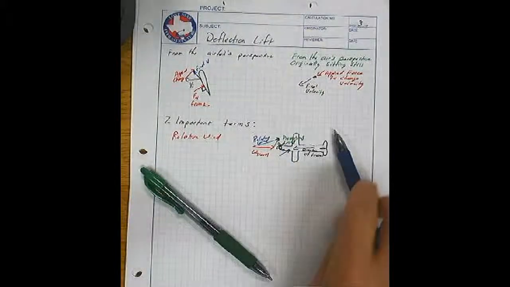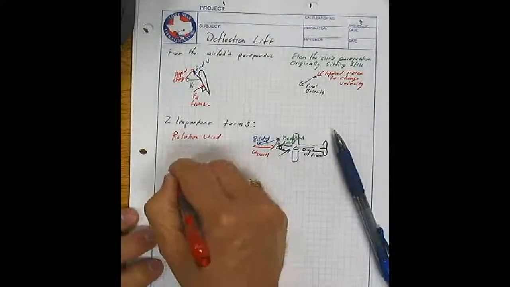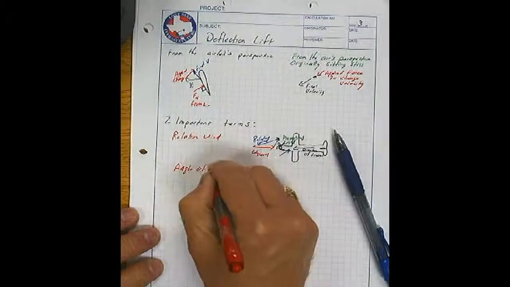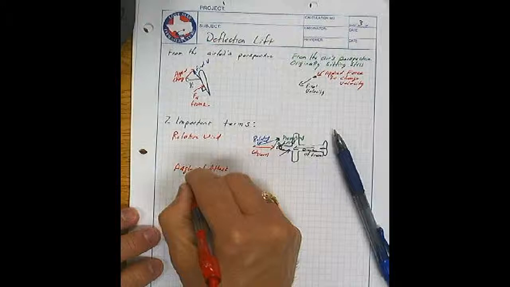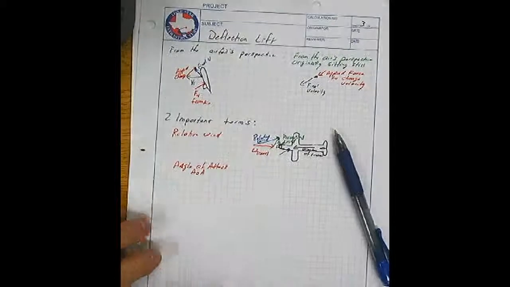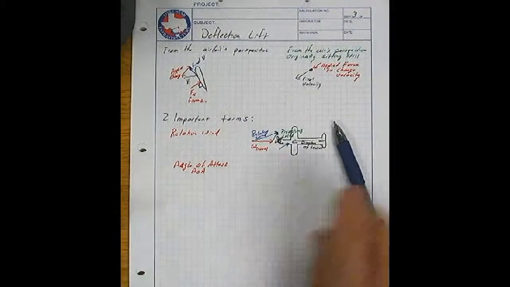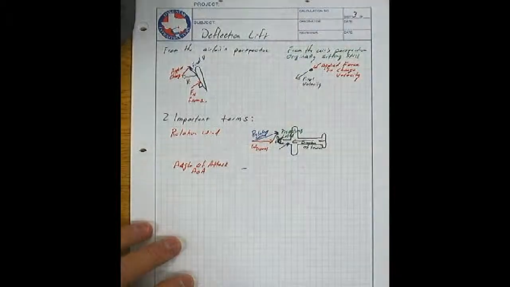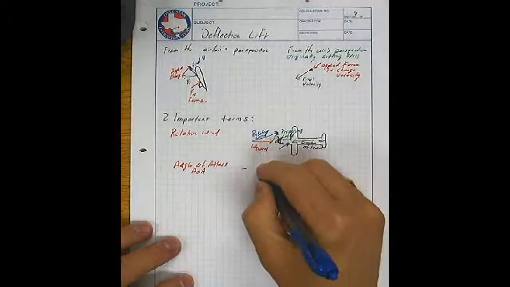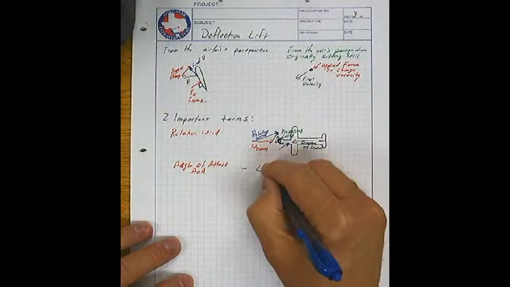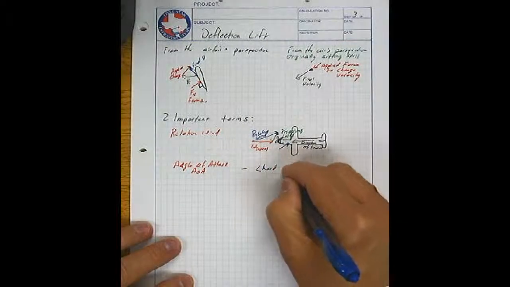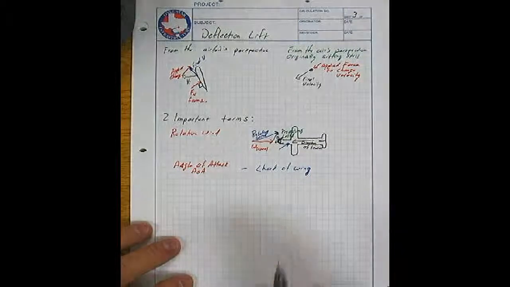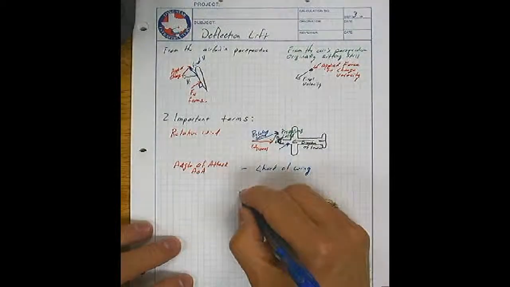The other term that we want to express that's important to us is angle of attack, which I will constantly abbreviate AOA, since it's the only AOA we have in aerospace. Angle of attack is the angle defined between, for now, the chord of the wing and the relative wind, from the first point at which the air hits the wing.